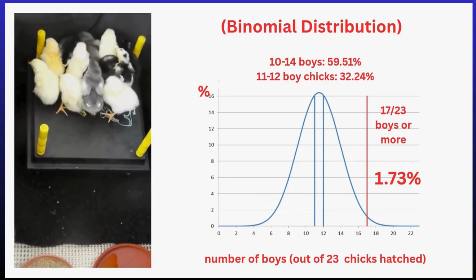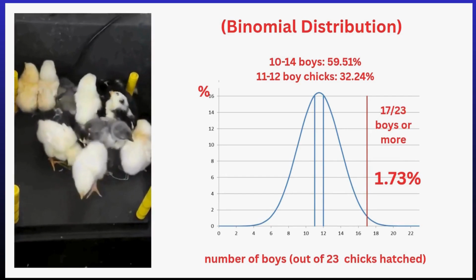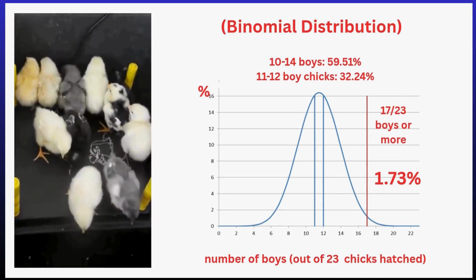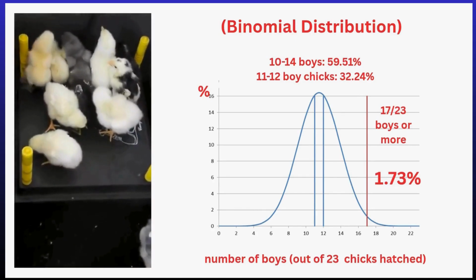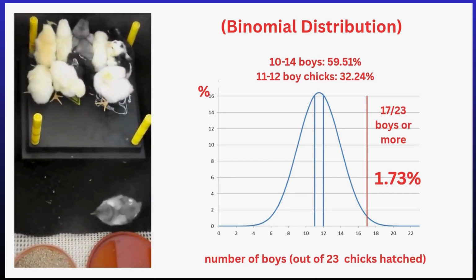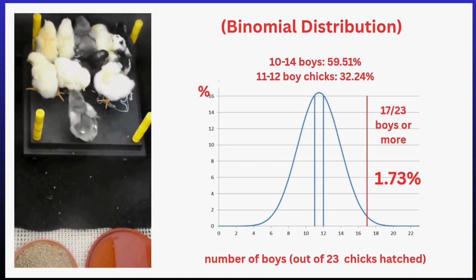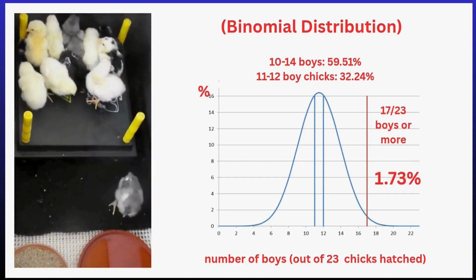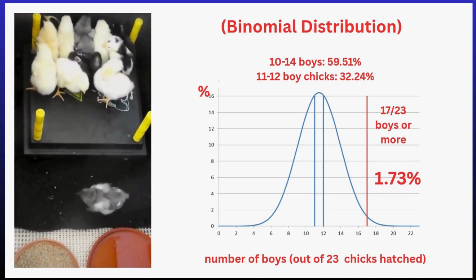I've not known anyone else have such an extreme result, and nor have I, either before or since. Most people will get probably between about 10 and 14 boys if they hatch 23 chicks. However, I just wanted to show you that it's possible to get other results.